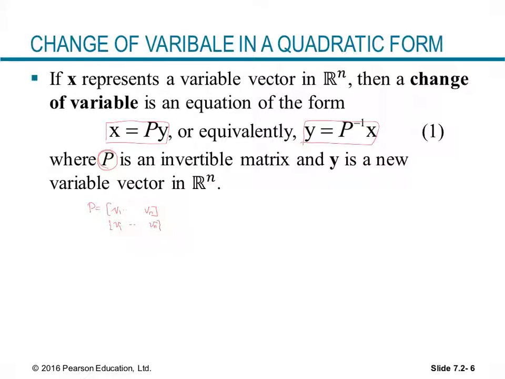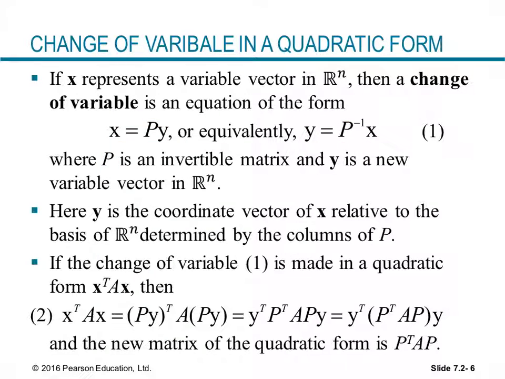So x equals Py just represents x as a linear combination of v1 up to vn using components of the y vector. So this y from the change of variable equation represents the coordinate vector of x relative to the basis of Rn determined by the columns of the P matrix.